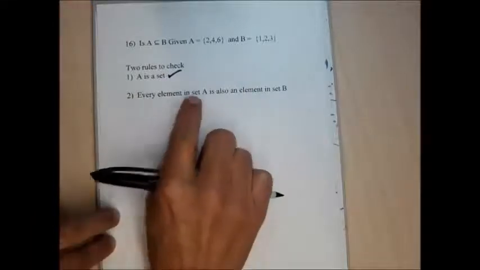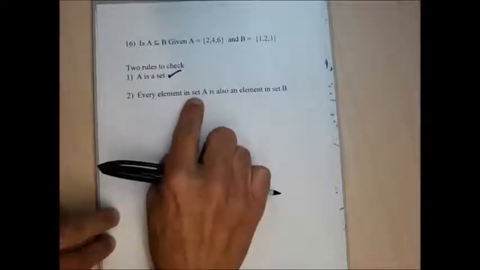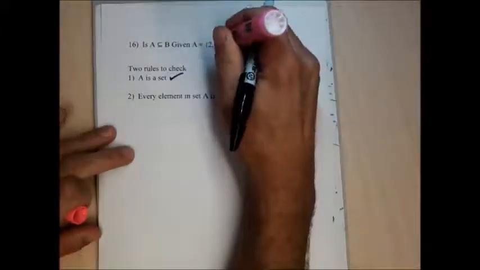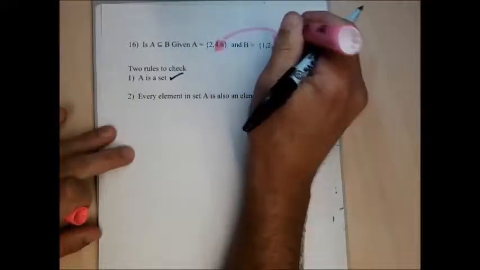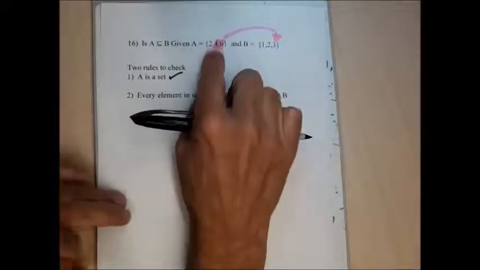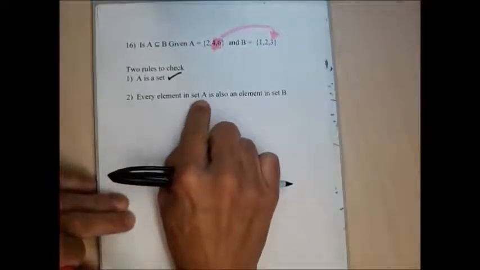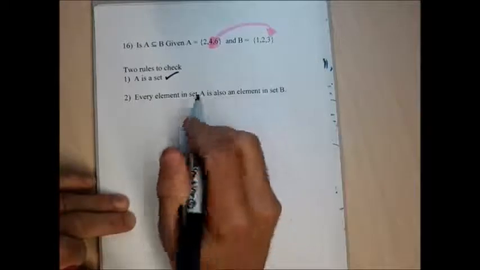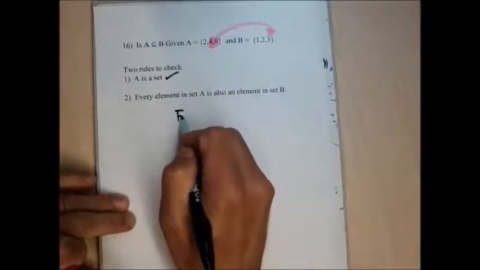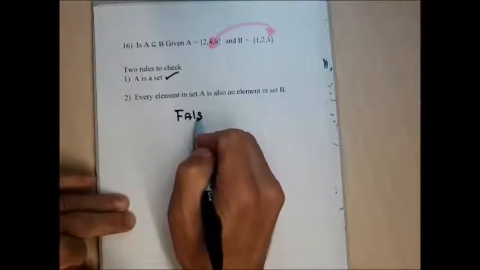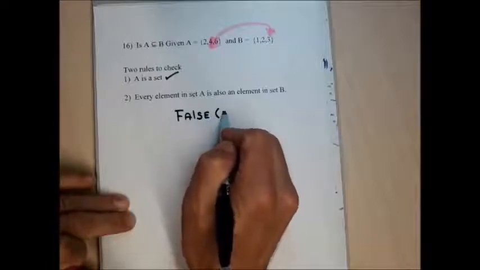Second rule is where I'm going to break down here. For the second rule to be satisfied, every element in A would also need to be an element of B. But A has two elements, namely the numbers 4 and 6, that aren't elements in set B. So for an answer, I'm going to write false, but you certainly could write no, just in case I did that earlier in this chapter.